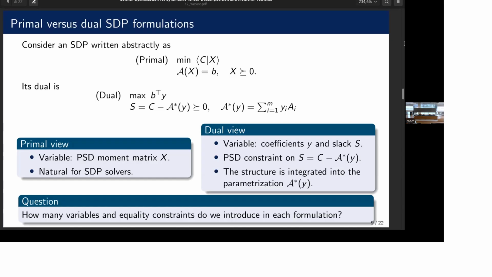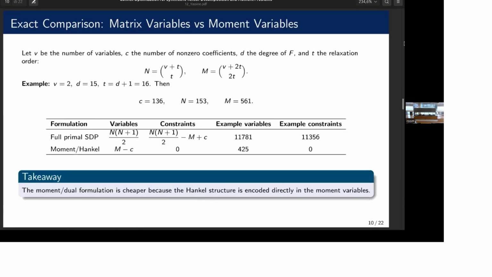One of the questions we can ask is how many constraints and variables we have in each formulation. In this example, where n is the size of the moment matrix and m is the number of moment variables, for the primal SDP formulation we have more than 11,000 variables and more than 11,000 constraints.